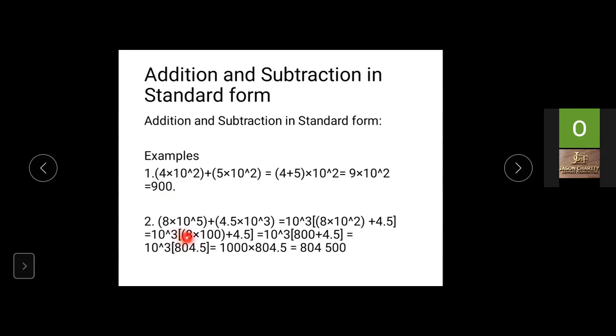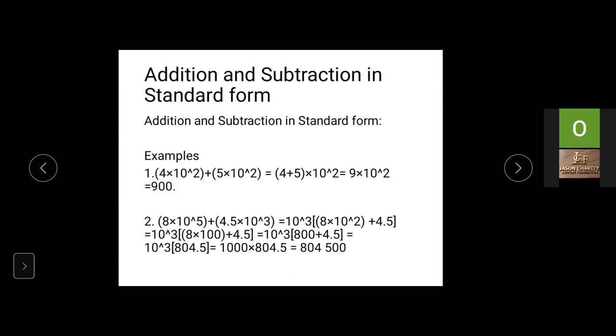And the second example says 8 times 10 raised to the power of 5 plus 4.5 times 10 raised to the power of 3. Looking at this second example, we see that the powers are different. In the first term, we have 10 raised to the power of 5, while in the second term, we have 10 raised to the power of 3.